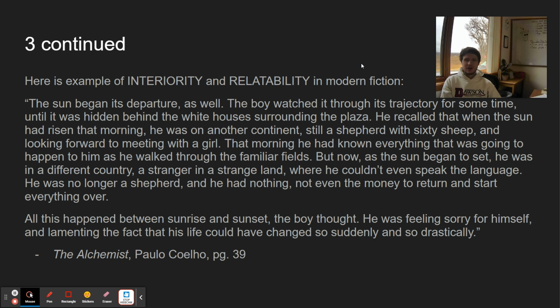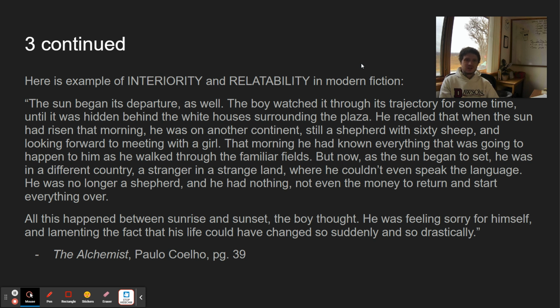So, yeah, I feel connected to this boy. I've never been a shepherd. I've never lived in that time period, which, again, this is historical fiction, not modern fiction, so I'm kind of breaking the rules here a little bit with this example. But I've totally felt like life changed so quickly that I've lamented the fact.